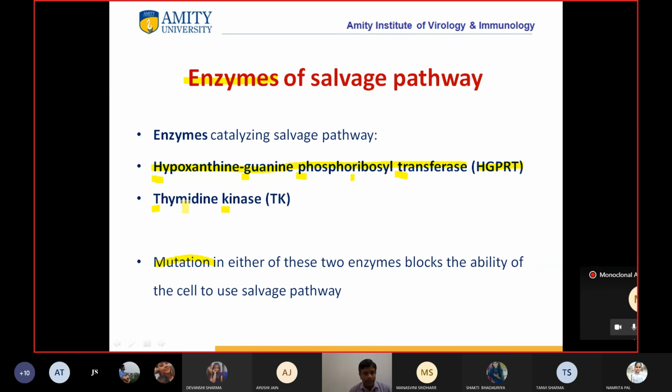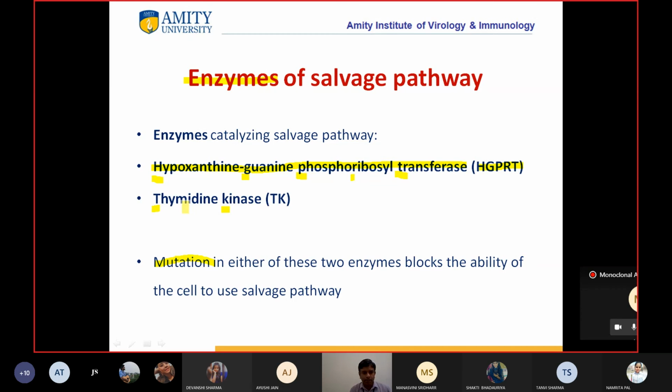So what happens? The cell will not be able to use the de novo pathway because of aminopterin, and it will also not be able to use the salvage pathway because there is mutation in the HGPRT and TK genes. So the myeloma cell will die.